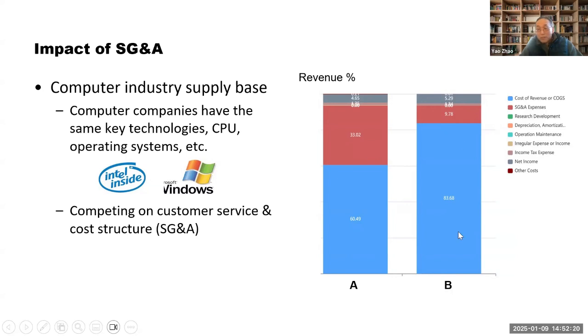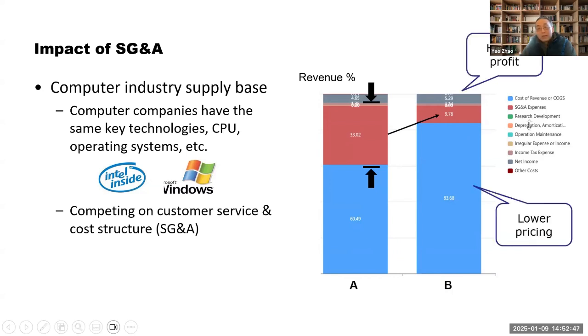For company B, only about 10%. If you can squeeze your sales, general and administrative expenses from 33% to about 10%, or even just by a little bit, you could achieve significant results.